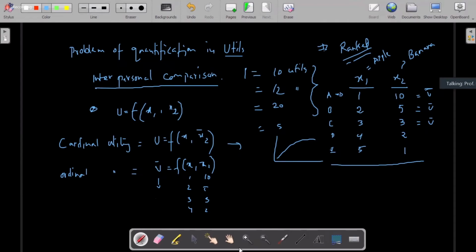You see that the utility remains the same, but the combination of goods varies.